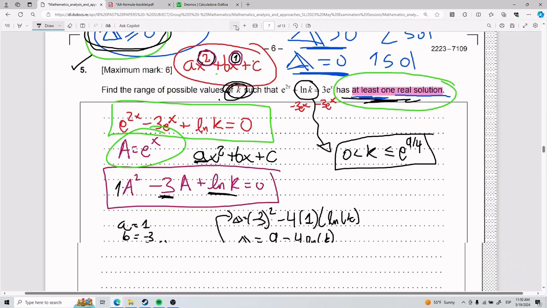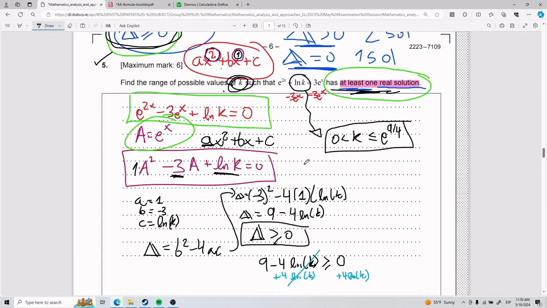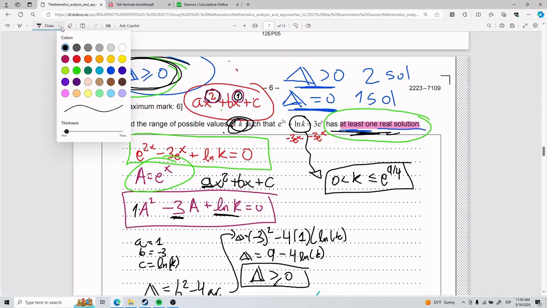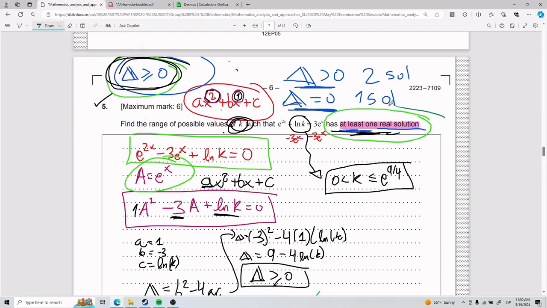So again, I don't think it's incredibly hard, but the hardest part, for me at least, is realizing you have to use discriminants. Now, I've also realized, because I've done a couple of these tests already, that when it says has at least one real solution, it's a massive buzzword. It's a massive hint that you need to use the discriminant.